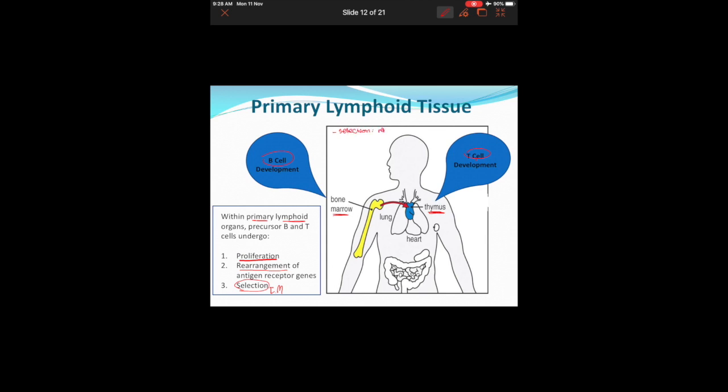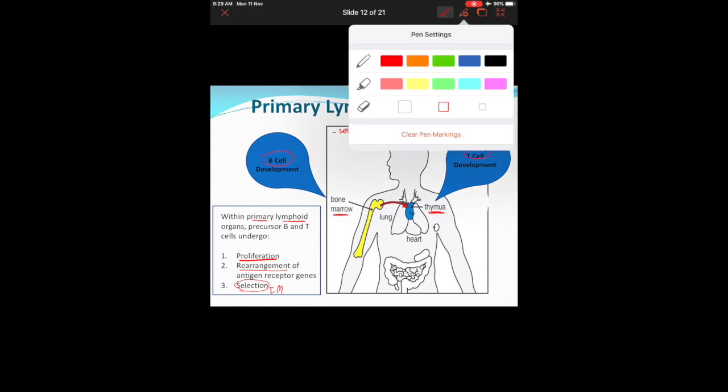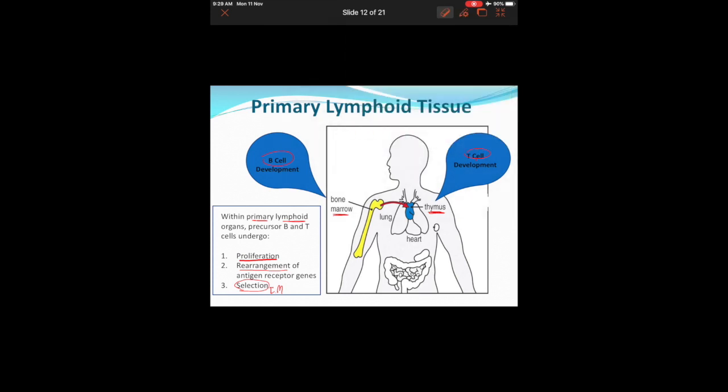Because if they recognize too high, they're going to be autoreactive and cause autoimmunity. If they recognize self-antigen with too low an affinity, it means they have a non-functional receptor, so they might as well just be removed.